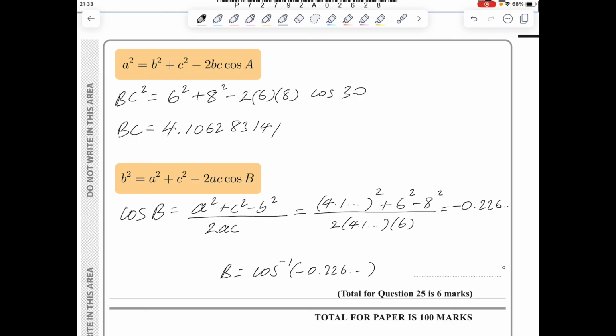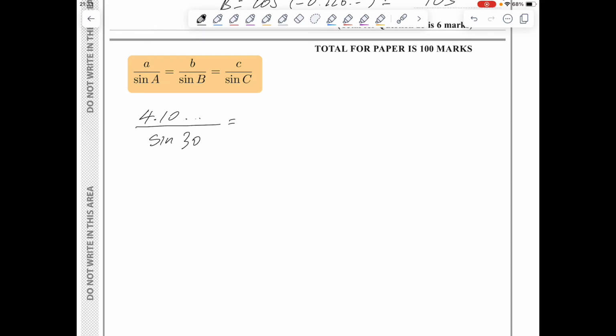So B is equal to the inverse cos of this number. Put this on the calculator and you'll get an answer of 103. Now, as I said before, you could use the sine rule, but you have to be careful with it. If you go with the sine rule, you have 4.10 and so on over sine of 30 equals 8 over sine of B. So sine of B is equal to 8 sine of 30 over 4.10 and so on.